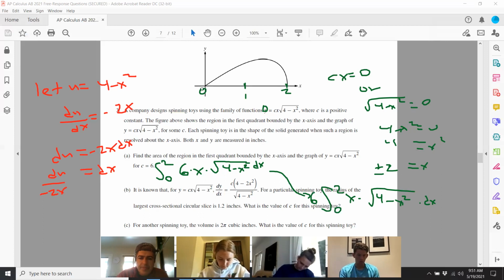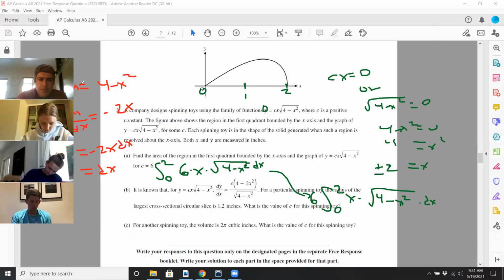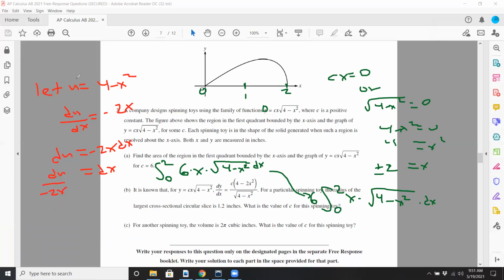Your integral is going to be 6. You do have to change the limits of integration, by the way. So when x is 0, u is going to be 4 when you plug into the u equals 4 minus x squared relationship. When x is 2, u is going to be 0. So that must change. x times root u times du over negative 2x.